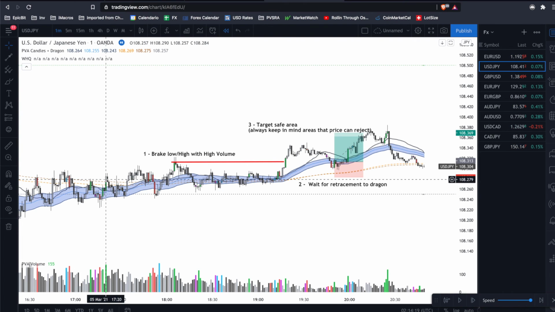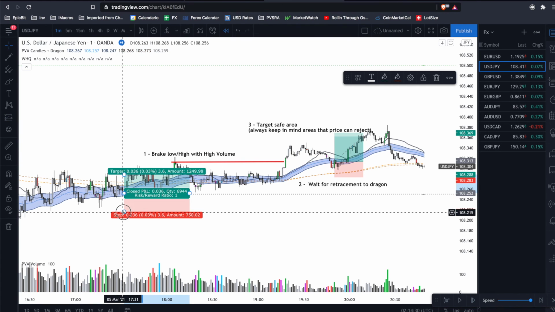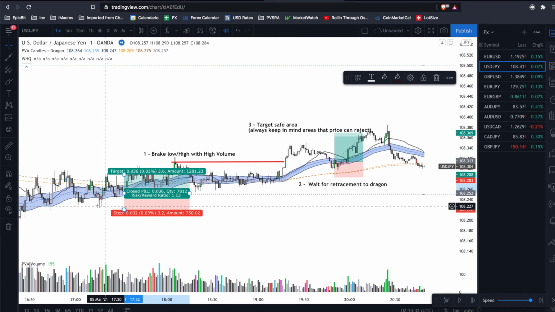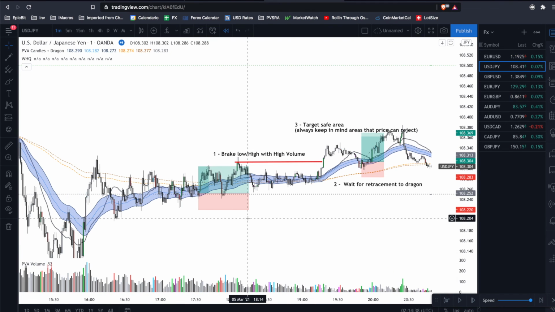So then you wait for the retracement to the key level, and then you enter. So this would be like here. You enter here, you put a tight stop maybe below these levels here, and you would target like 5 pips maybe. As you can see, it would be a fast one here.